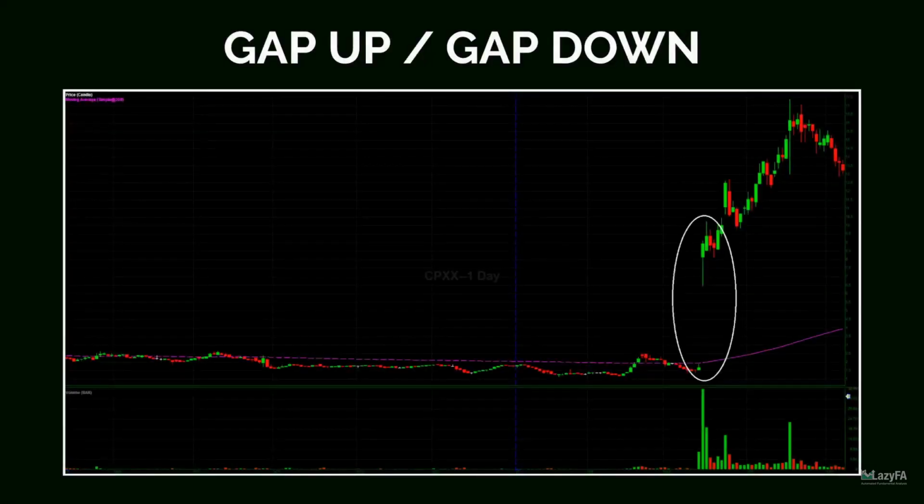Similarly, a gap up or a gap down, you can see here, even though the stock gapped from $2 to $9, right? This thing was up over 400% overnight, but it still continued higher because there was no opportunity for anybody to get out.